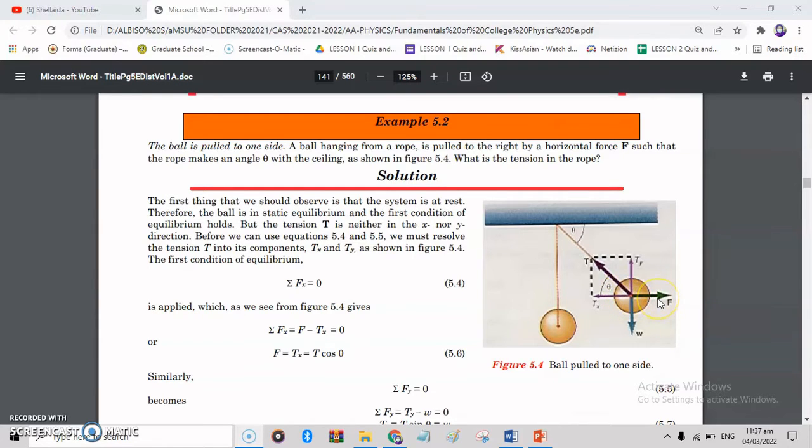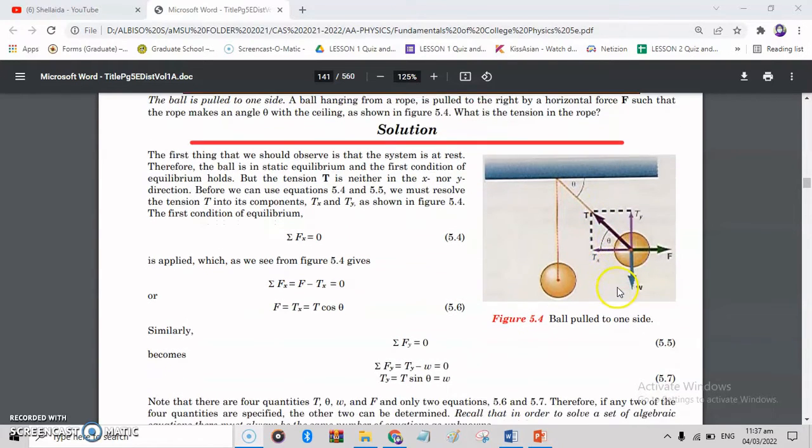You have the weight and the tension, tension because of this rope. Now, your tension is at an angle, so your tension has an x component Tx and a y component Ty. And remember that the angle theta here is equal to the angle here with regards to the x-axis. Theta here is equal to theta here.